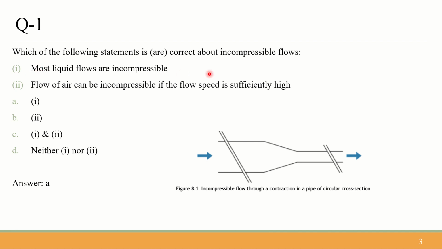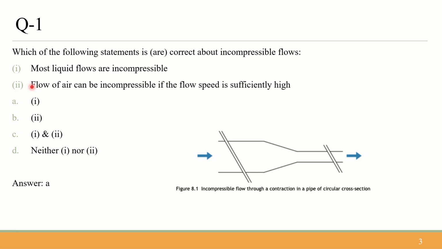So which of the following statements is correct about incompressible flows? Most liquid flows are incompressible is a right statement. Whereas the second statement, flow of air can be incompressible if the fluid flow speed is sufficiently high. Even if the speed of air is high, it would be compressible. If it is low, it can be called incompressible.